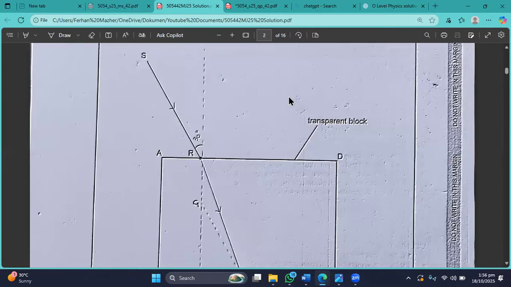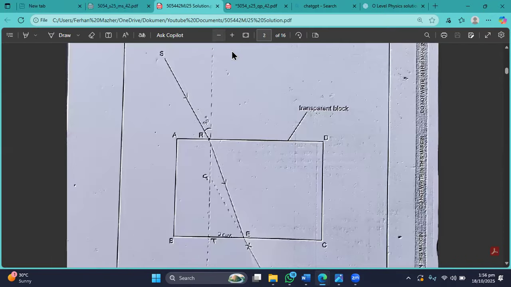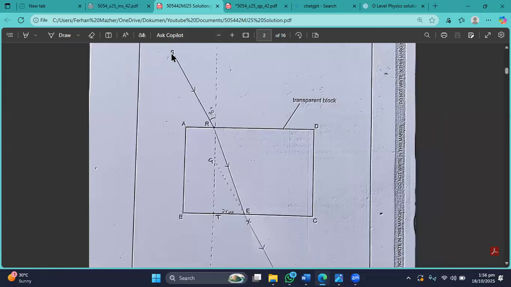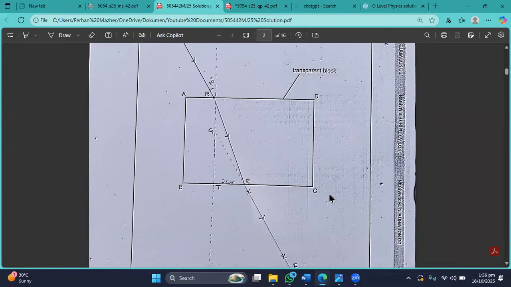Okay, so you can see here what we have done. Along this, a ray of light has been sent. The ray of light entered into the glass, and from here, the ray of light emerges from the glass. When the light ray emerges, they have marked 2 crosses on that ray from where it was passing.